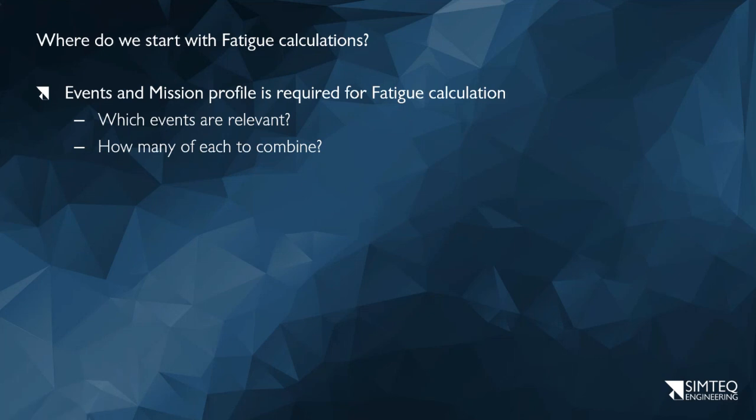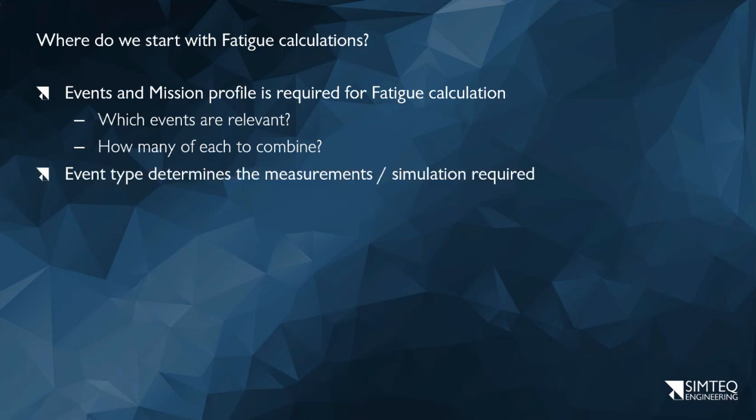So I drive over a racetrack, for argument's sake, or a track around Kyalami, there are short splits in between where not much is happening, and you can decide whether or not to include it. But we also need to find out how many of each to combine. So once we have the list of events, we need to in some way specify how many of each should be combined to find the total time that the structure should last.